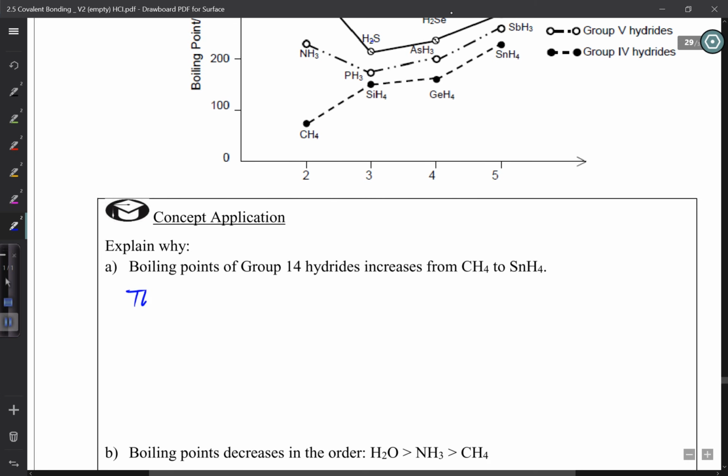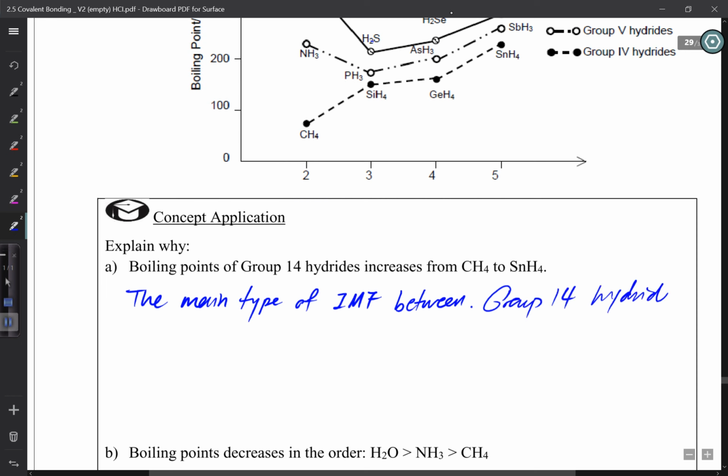The main type of intermolecular force between group 14 hydrides is van der Waals forces. So the increase in boiling point is due to the increase in electrons.